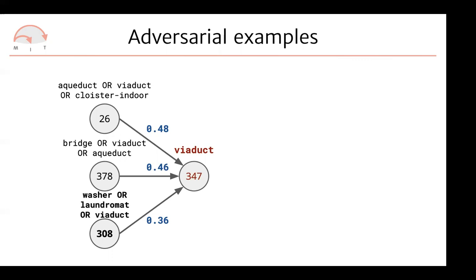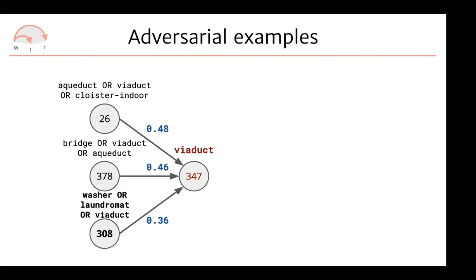And this viaduct output unit is connected, among other things, to a bunch of input units, one of which we have labeled as washer or laundromat or viaduct. So again, as Osbert was asking before, here's a neuron internal to the network that doesn't discriminate between two classes that are going to have to be discriminated at the output of the network. In particular, we have both an object level thing, a washer, a scene level thing, a laundromat, and a scene level thing, a viaduct. And all of these are disjoined, and the neuron is happy to respond to any of the three.